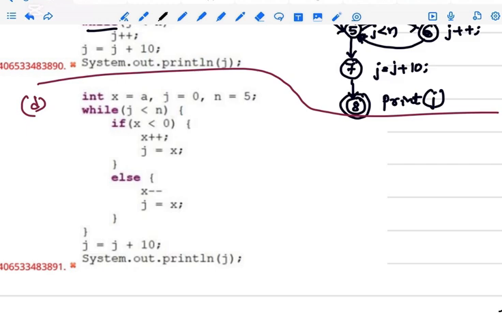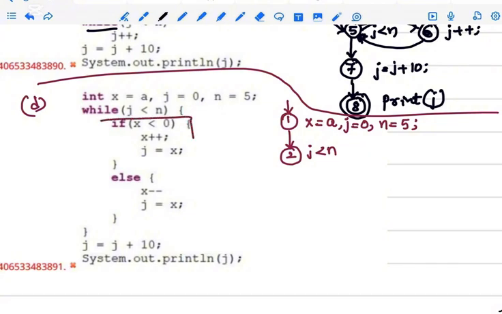For this option D, similar node 1. So the initialization statements x equals a, j equals 0 and n equals 5 are at node 1, and then node 2. So the while condition, right? While j less than n is true, it will execute this block of statements. So it again reaches node 3. At node 3, the if condition, right?